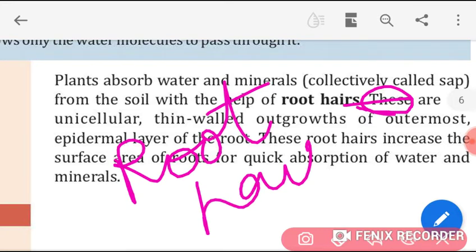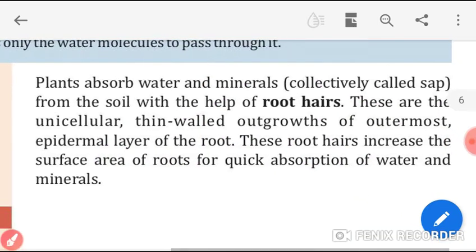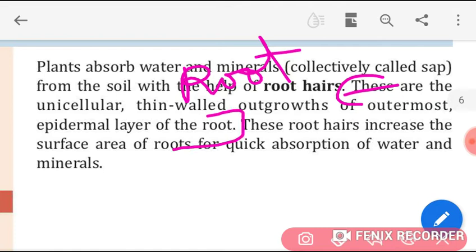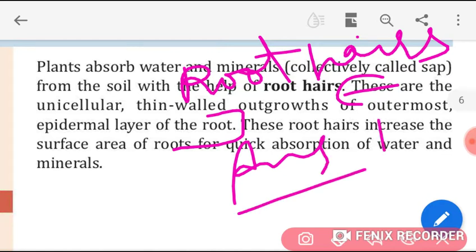Root hairs are the unicellular, thin-walled outgrowths of outermost epidermal layer of the root, up till here. Okay, students? This is your answer number 1 of page number 12.